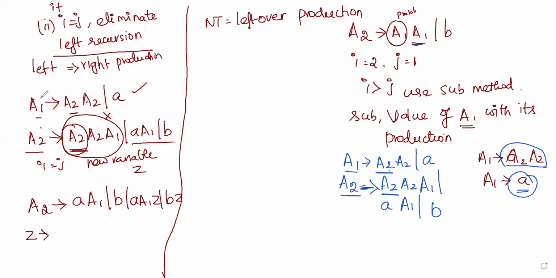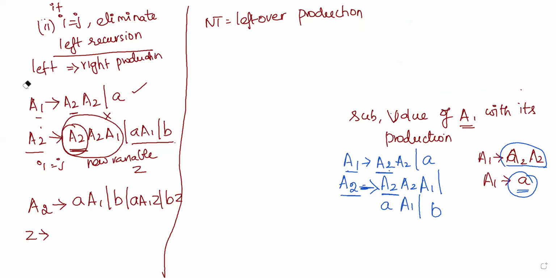I'll erase this also. So the leftover production once plus leftover production with Z once. Leftover means the production which is left, not the left side, the right side.